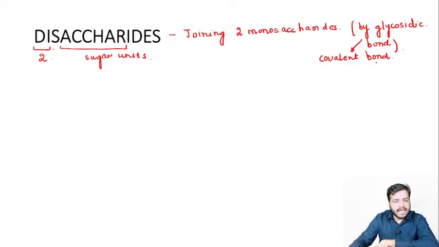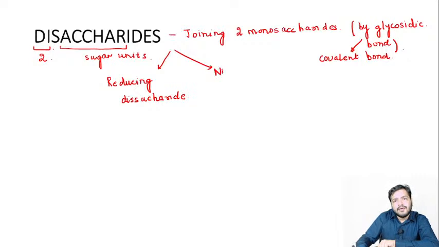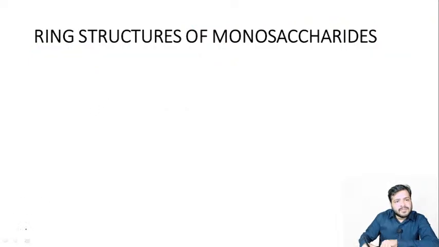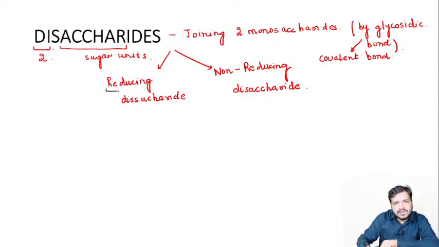We have two types of disaccharides: reducing disaccharides and non-reducing disaccharides. I have already told you before that reducing simply means that there should be at least one free functional group.